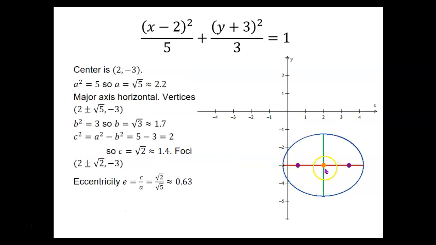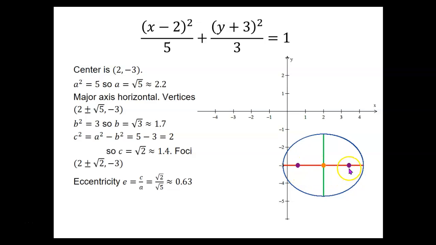And to graph it, I would start by finding the center point, 2, negative 3, and draw in the major axis. From the center, go about 2.2 spaces to the right and 2.2 spaces to the left. Then draw in the minor axis. From the center, go up about 1.7 and down about 1.7.